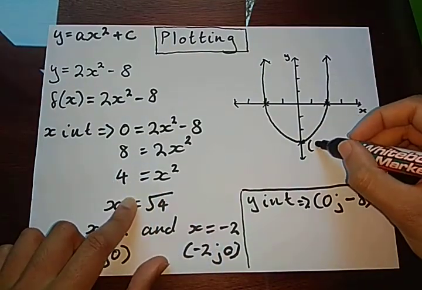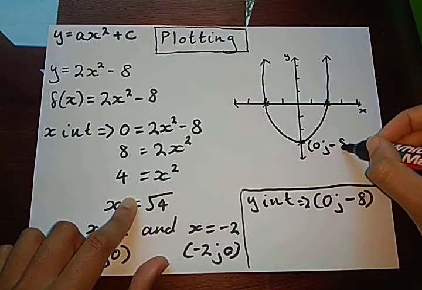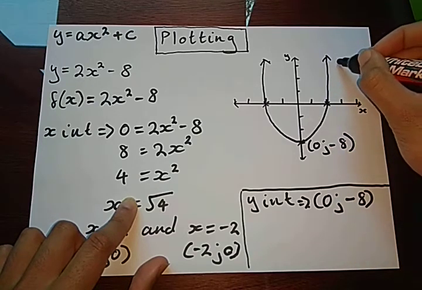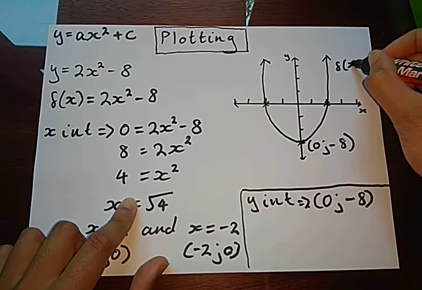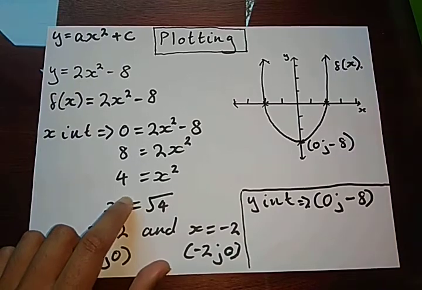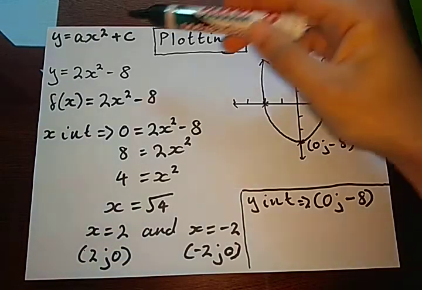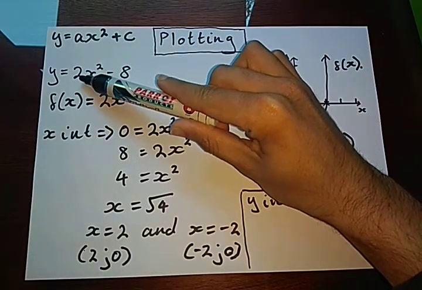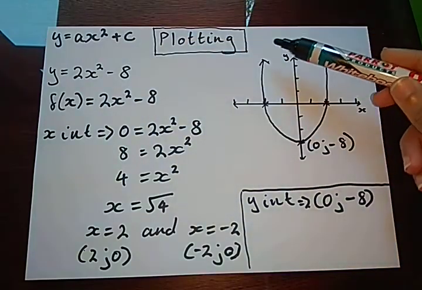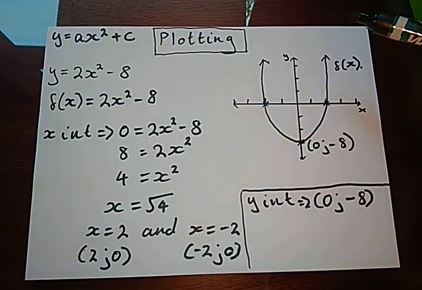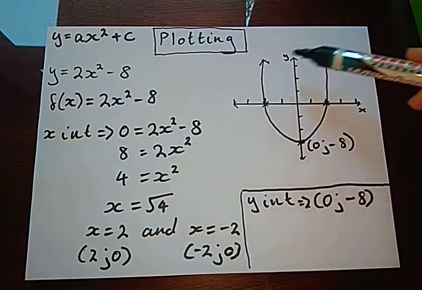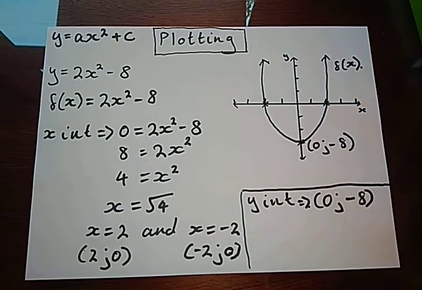It cuts the y-axis at 0 and negative 8. And this would be the graph of f of x. Please note that because our a value was positive, it takes on the shape of a smiley face curve. If this was negative, it would be upside down.